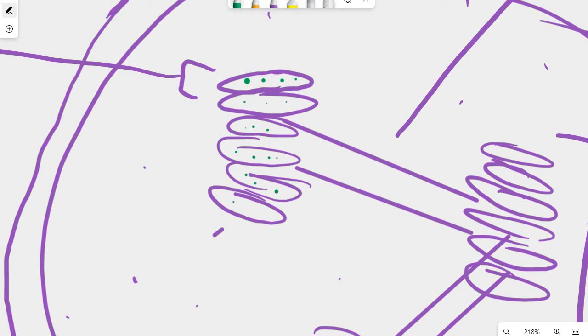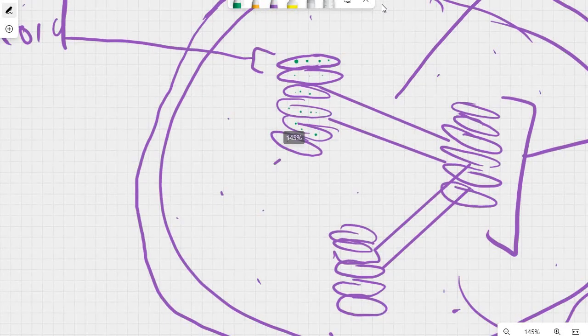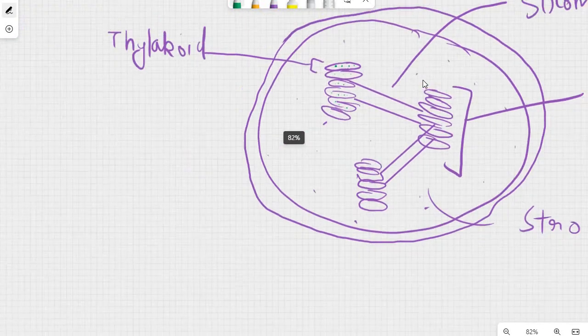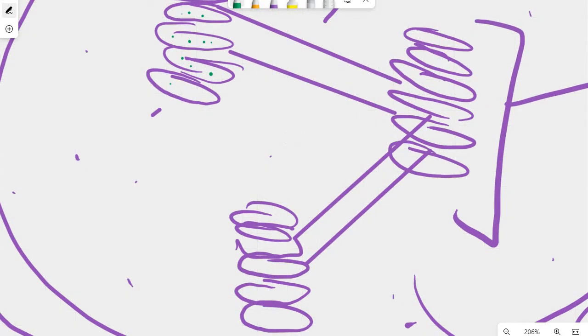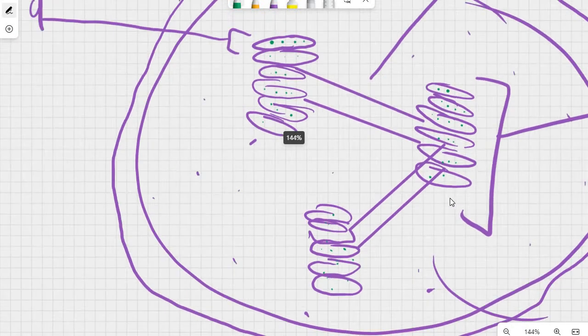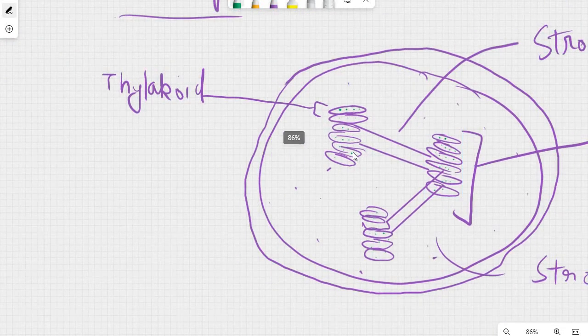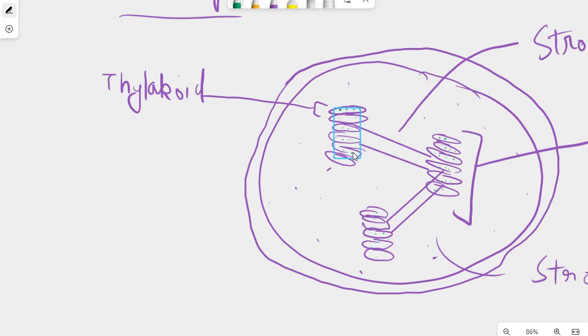So this green pigment is the chlorophyll which is present on the thylakoid. So this helps in the photosynthesis process. So we can say that the light reaction, which is the photosynthesis process, occurs in the thylakoid lumen.